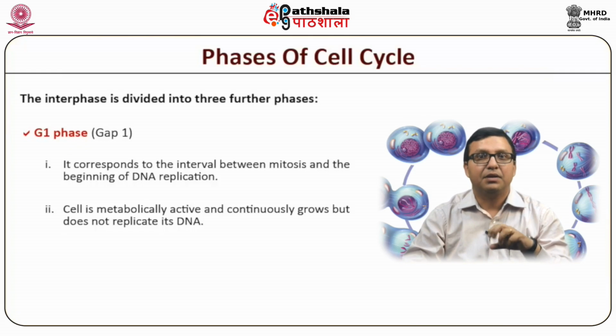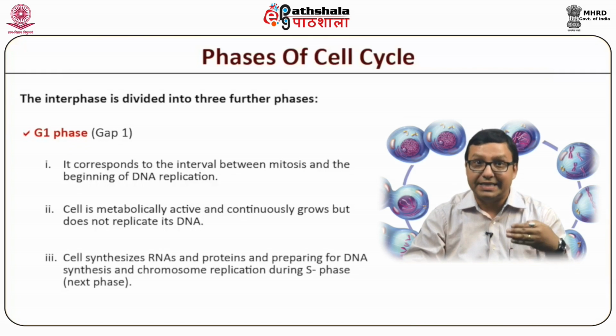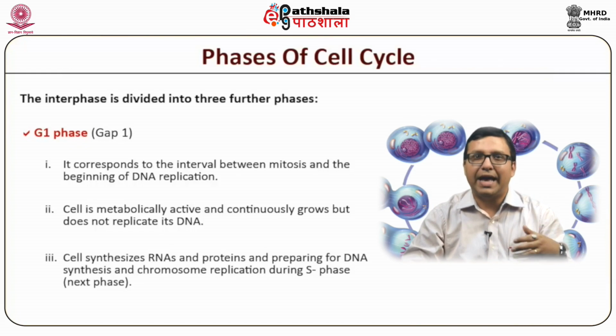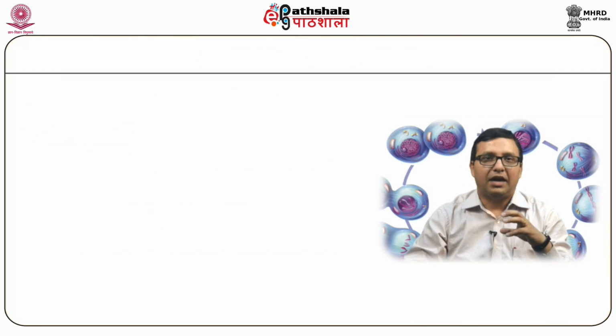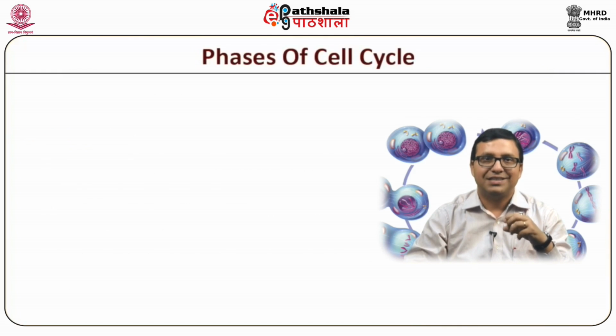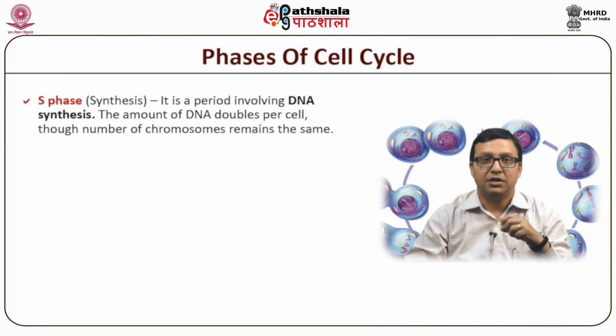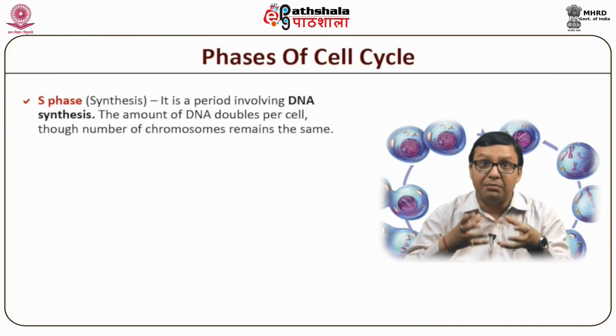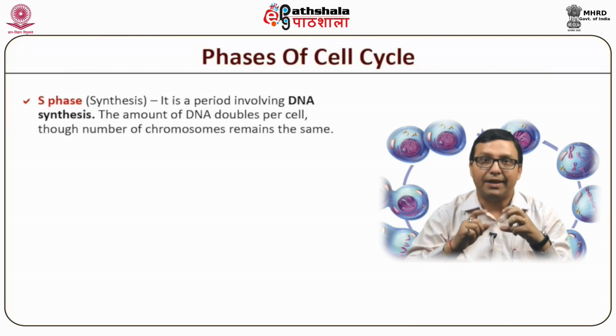The cell basically prepares itself for DNA replication by synthesizing RNAs and proteins. After the preparatory gap phase 1, the cell enters another phase known as the S phase. During this phase, the parent cell replicates its DNA. An important point to keep in mind is that only the amount of DNA doubles per cell, but the number of chromosomes remains the same.